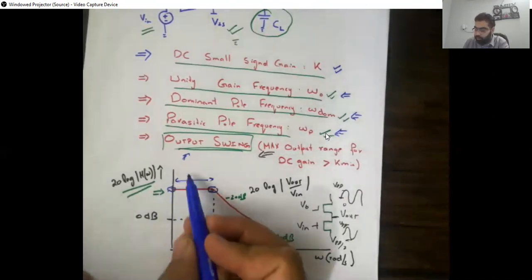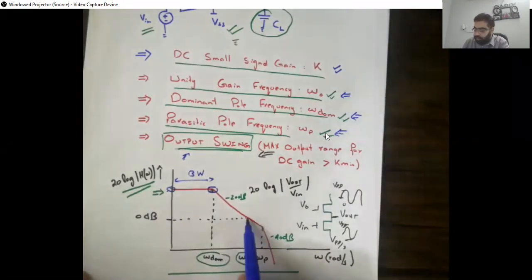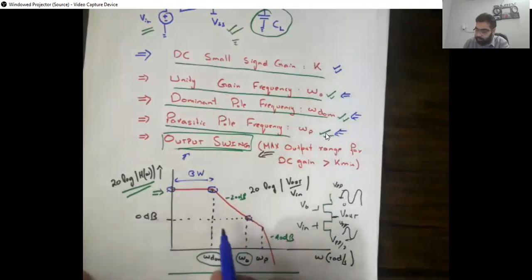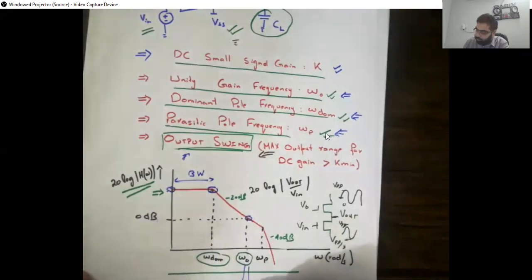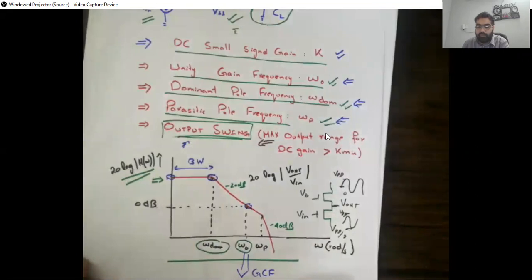Then comes this point where it crosses 0 dB on the magnitude plot. This omega naught is the gain crossover frequency, or unity gain frequency.